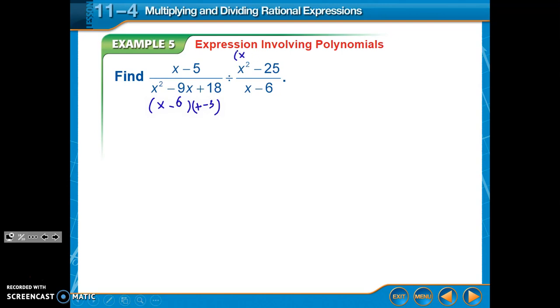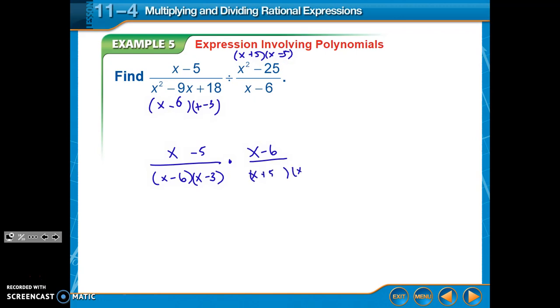And up here, this is x plus 5 and x minus 5. That gives me this. So I'm just going to rewrite all of this and also switch the second fraction. I'm going to make it multiplication and switch the numerator and denominator.